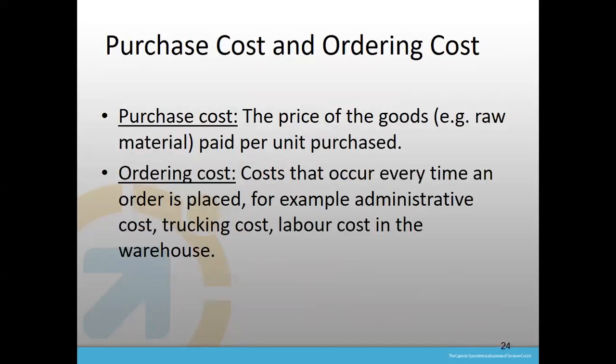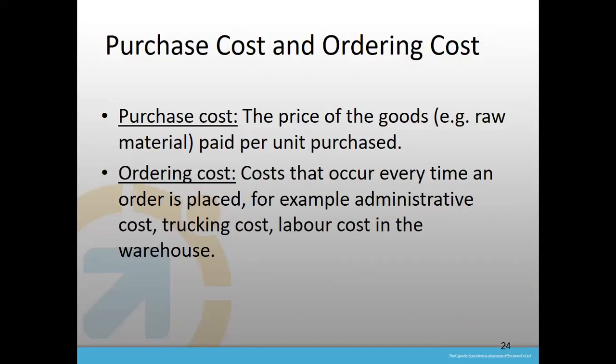The purchase costs are the price of the goods. That is relatively easy. How much do we pay for one backrest if we are a furniture factory? How much do we pay for one chair if we are a trading company? The ordering costs are costs that we have every time we place an order.